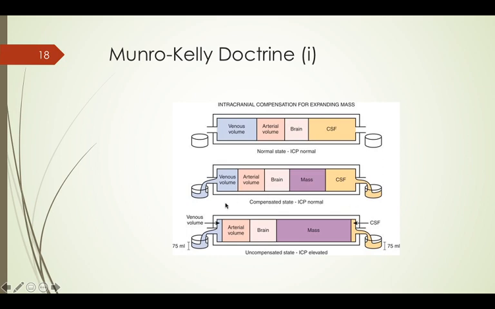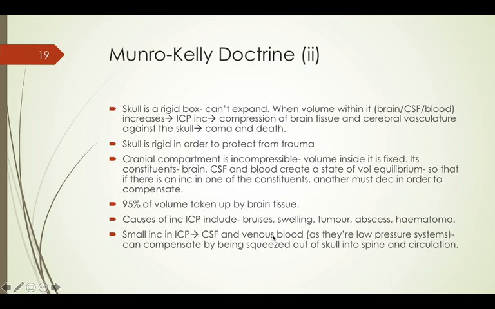If, however, you've exhausted this, and that's the compensated phase, i.e. you've basically got rid of as much venous volume as you could and as much CSF as you could, and you don't really have much room for manipulation, then it becomes decompensated, and that's when the ICP starts to shoot up and we come into problems.